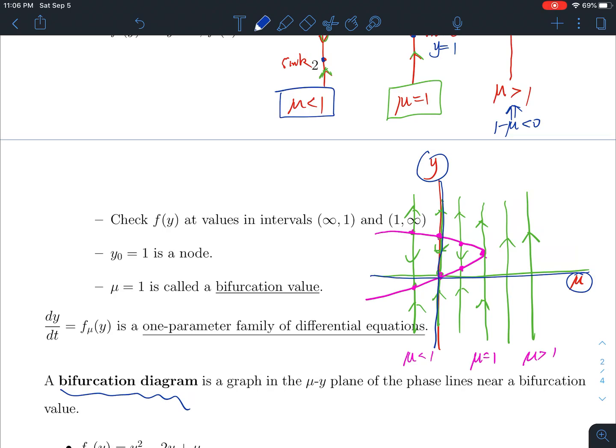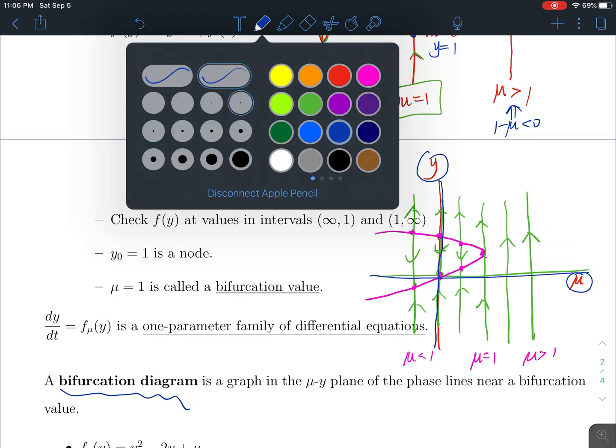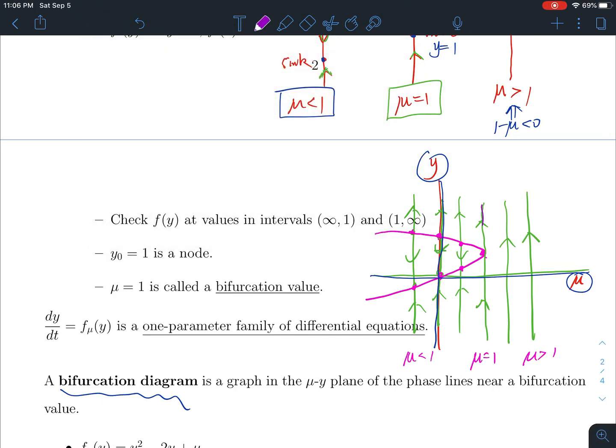Then we draw all the possible scenarios for the equilibrium. For example, at mu equal to 1, we have just one. Actually, one of them will be a good representation of the scenario, so you can draw mu equal to 0, or some other value.